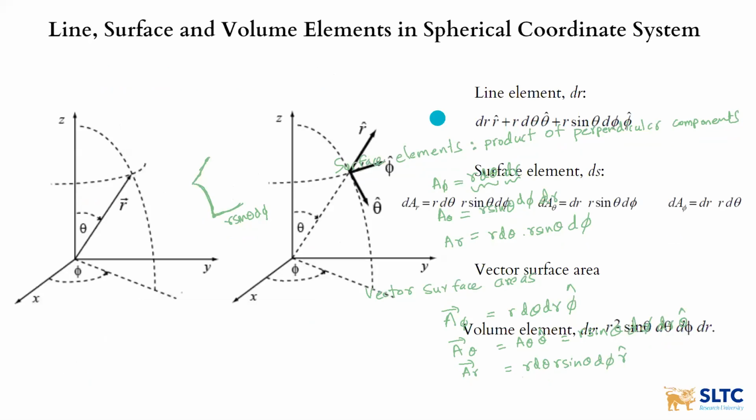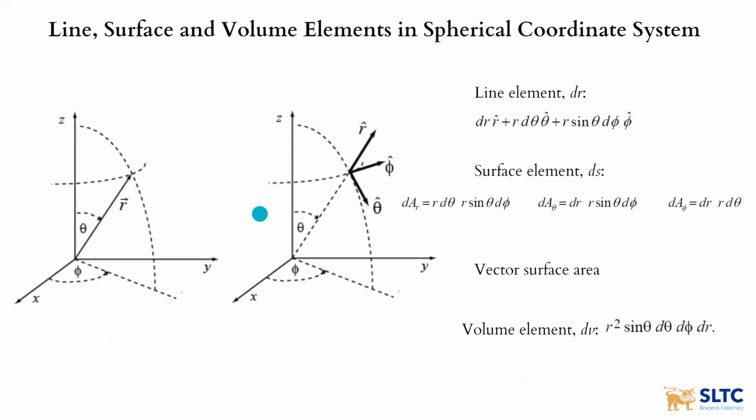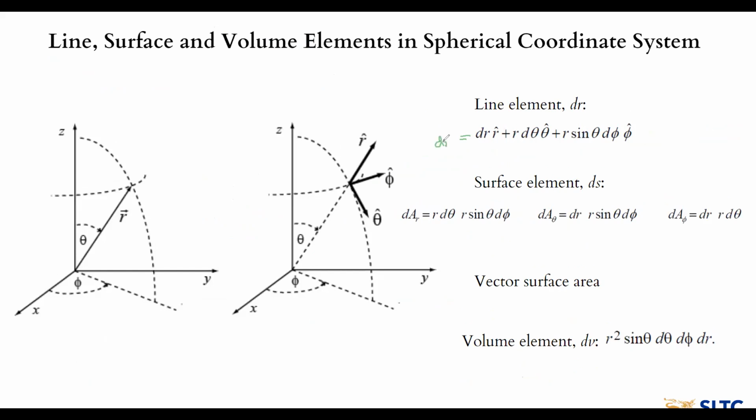Let's see whether it is the case. Okay, so we need to verify whether what I have written actually is correct. So I will go here, right? This is the line element vector dr, which is a vector, and then for finding the surface area elements, we take the product between the perpendicular components.